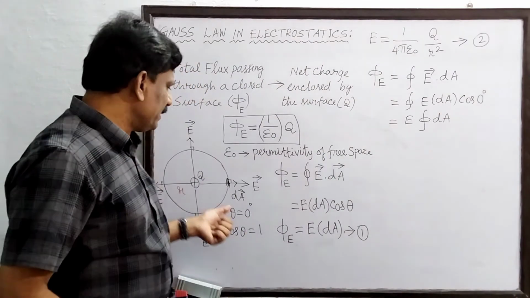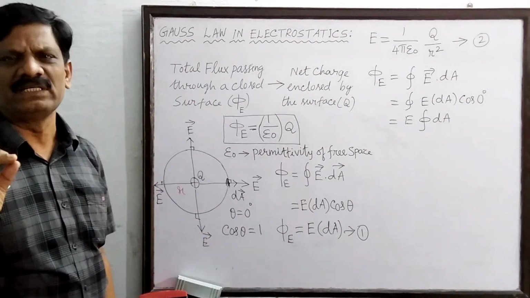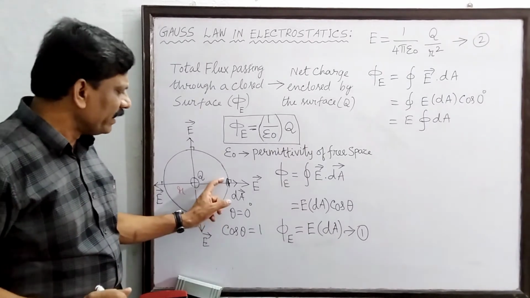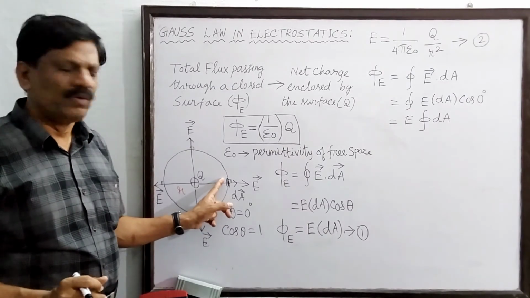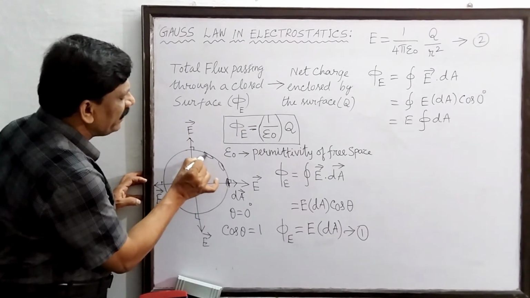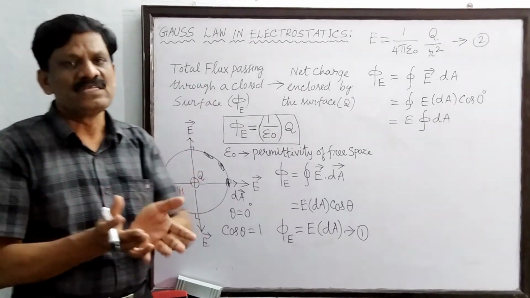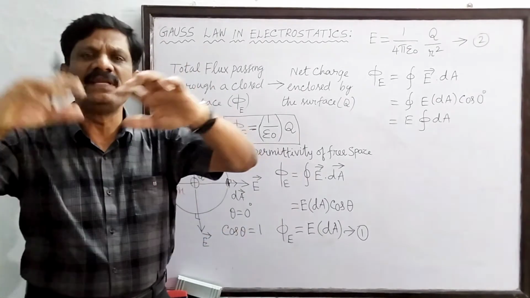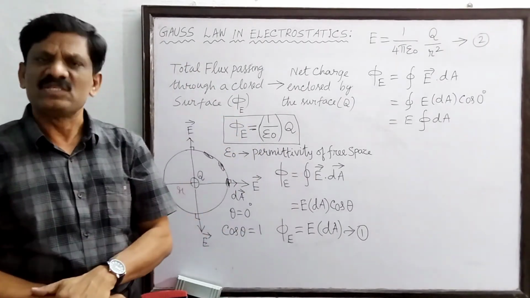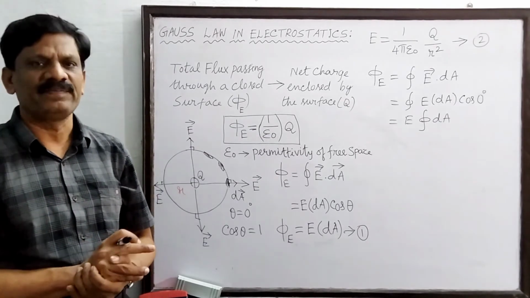So, what is dA alone? dA is a small portion of area, a part of the sphere. If you add like this, there are so many areas like this dA. So many small areas dA will be there on the entire sphere. If you add all the infinitesimally small areas, you will get the total area of the entire sphere.